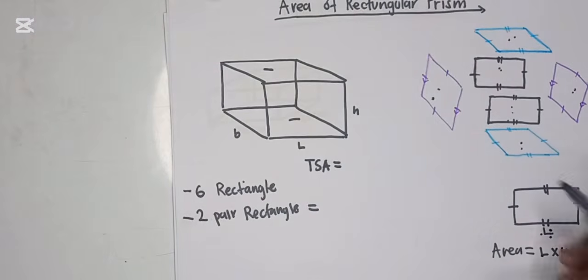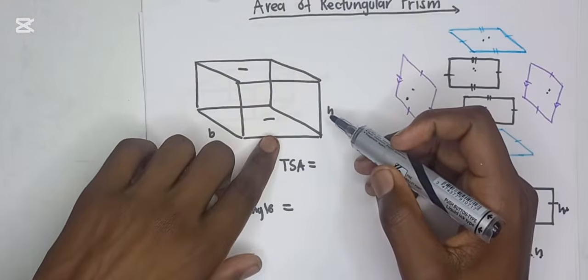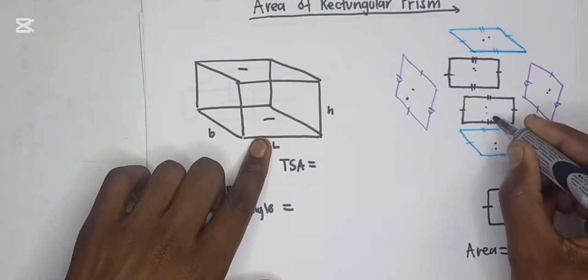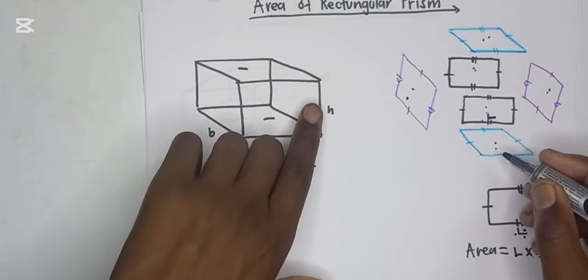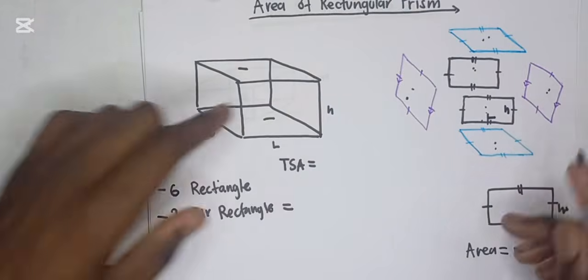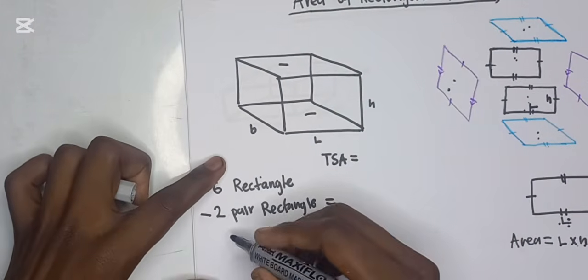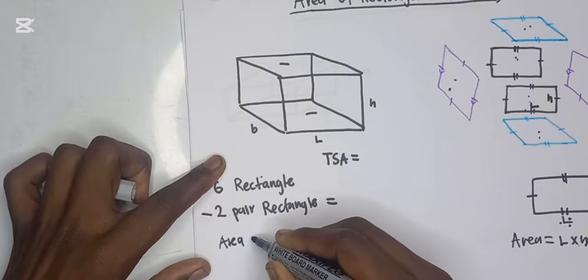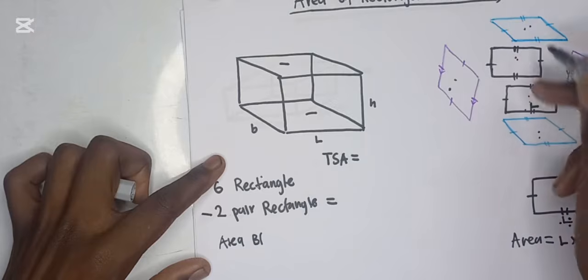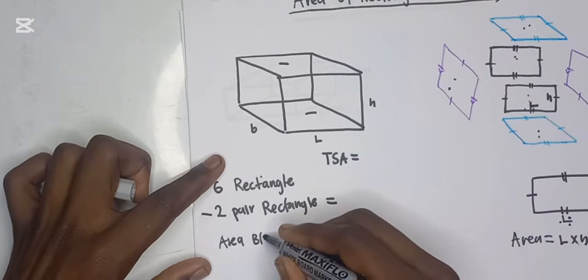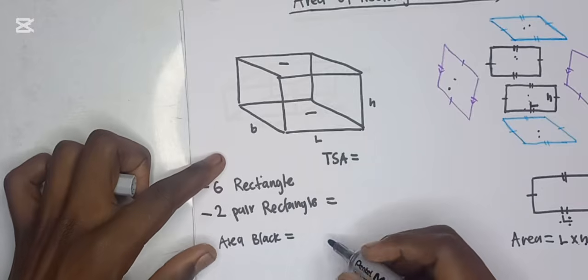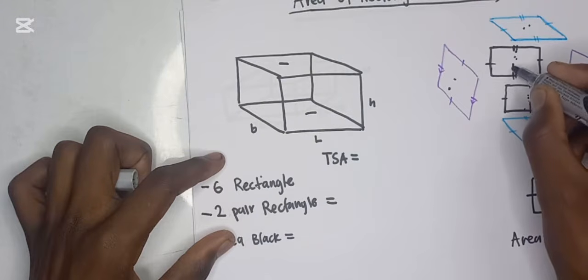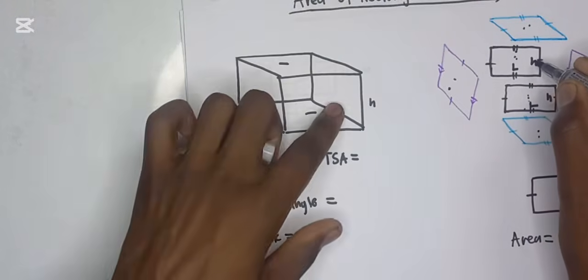The black one is the front part and also the back part. This one has a length on it and also a height on the other side. To find the area of the black ones, these two, it is going to be equal to, since there are two of them that are equal, because this one is length and this one is height, and these two are equal.